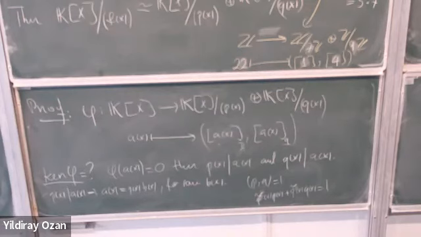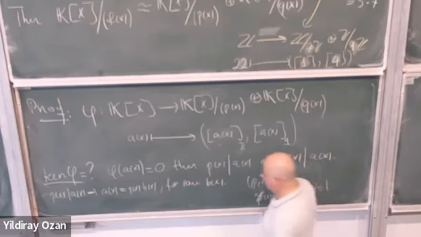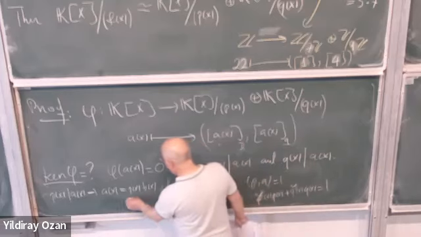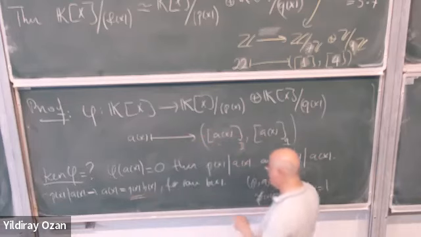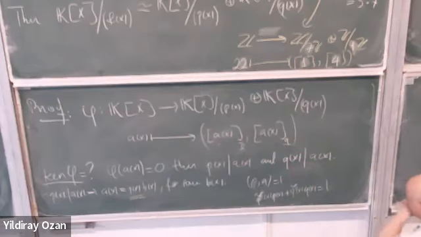Şimdi biz ne göstermek istiyoruz? a(x), şimdi a p'ye bölünmüş olsun. Biz q'ya da bölünmesini istiyoruz.